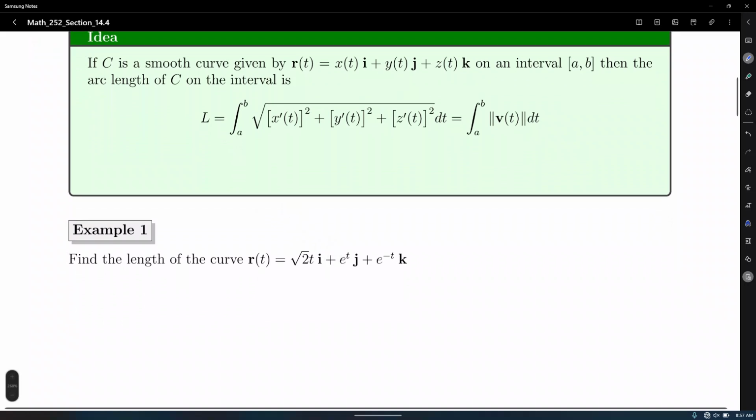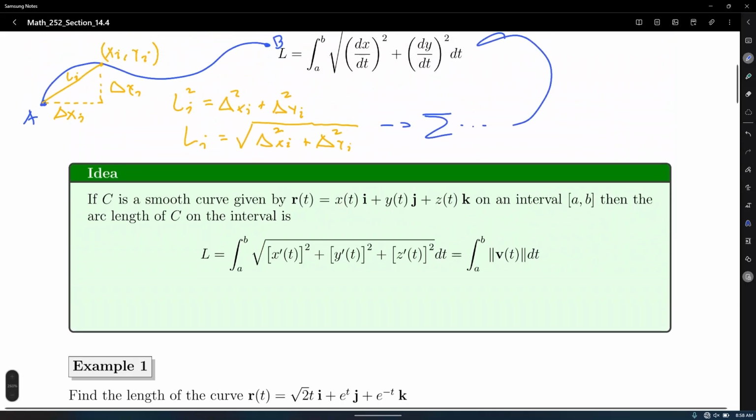Okay, so now let's put vector notation to this. In this case, we have a curve defined by a vector valued function with components x of t, y of t, and z of t. So now we're extending this to curves in space on the interval a to b. This is going to be the integral of the derivative of the x component squared plus the derivative of the y component squared, which is what we saw back in Calc 2.